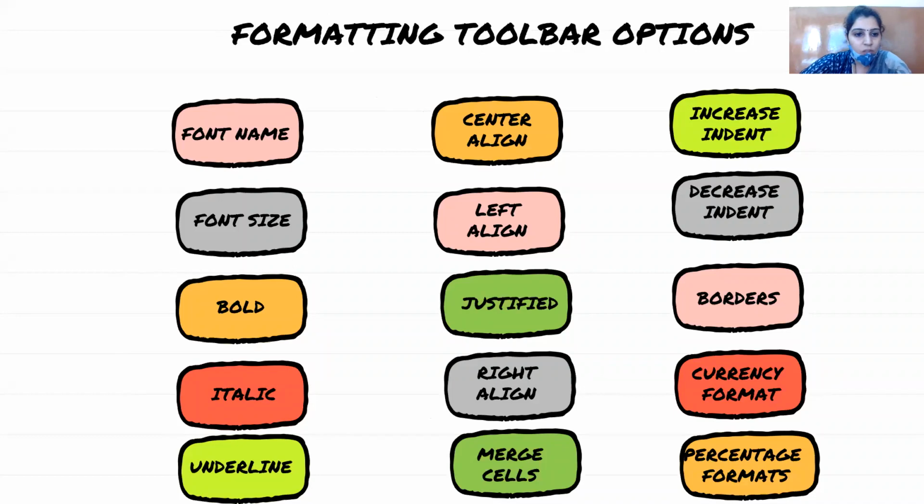Like font name, font size, bold, italic, underline, these will appear in both cases, in Writer as well as in Calc. So you can learn any 5-6 common options for both the softwares. And in case you are asked individually for Calc separately, those will be currency format, standard format, percentage format. So these will be the separate ones for Calc, right?